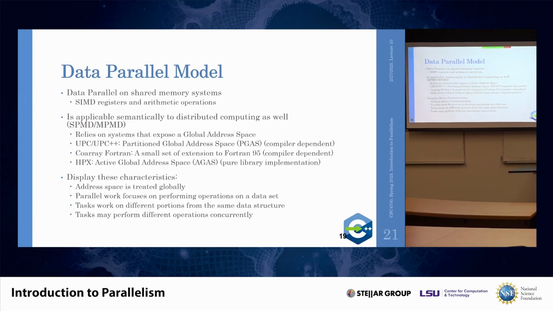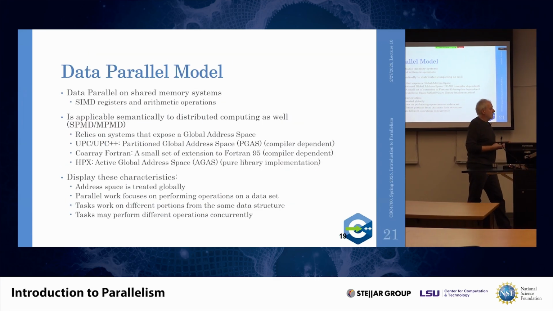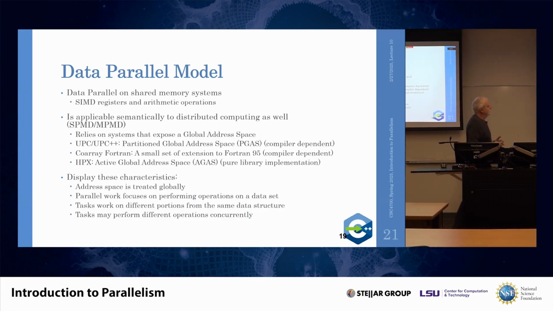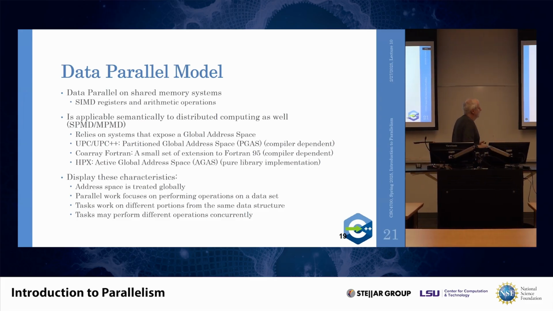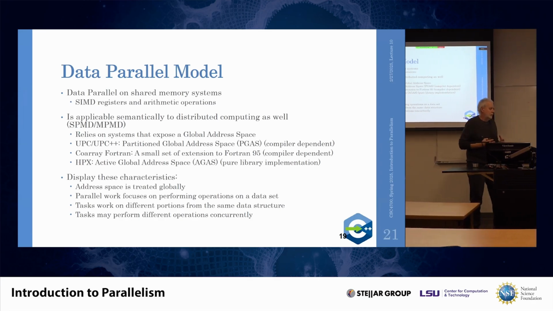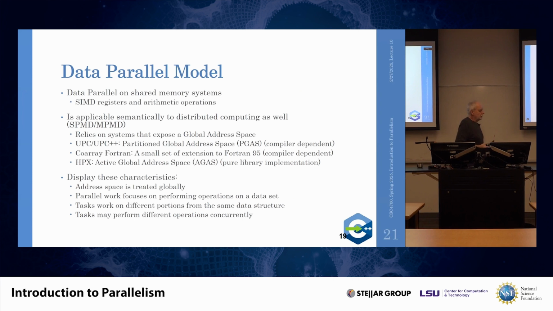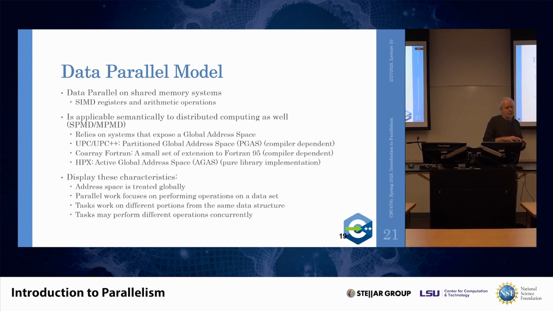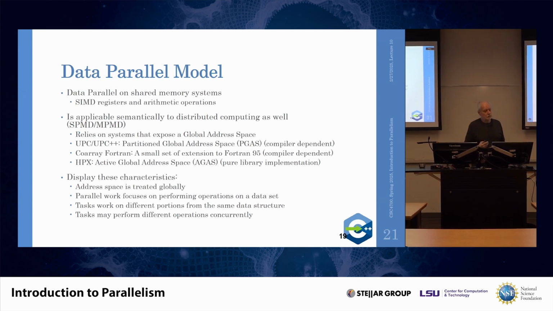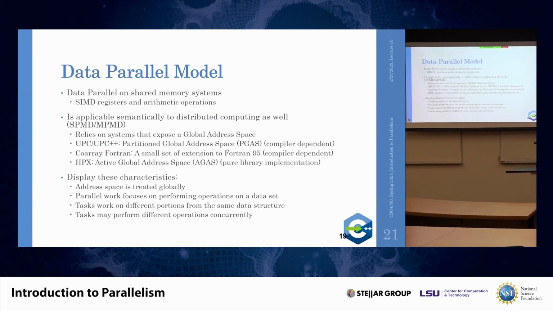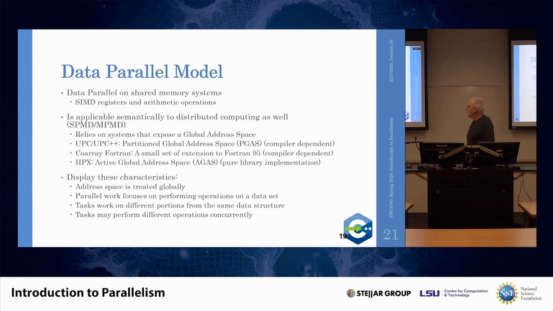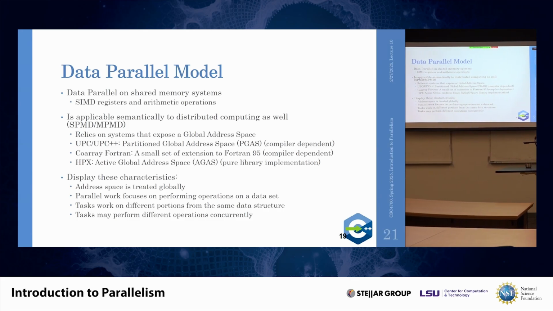Data parallel models are kind of an extension of the SIMD model, as I said, just that we extend that across multiple processes. SPMD models usually rely on a global address space that spans the whole system. So they emulate a global address space that includes all the memories of all the nodes that are connected. And that simplifies programming a lot. And we will see some examples for that in the future.